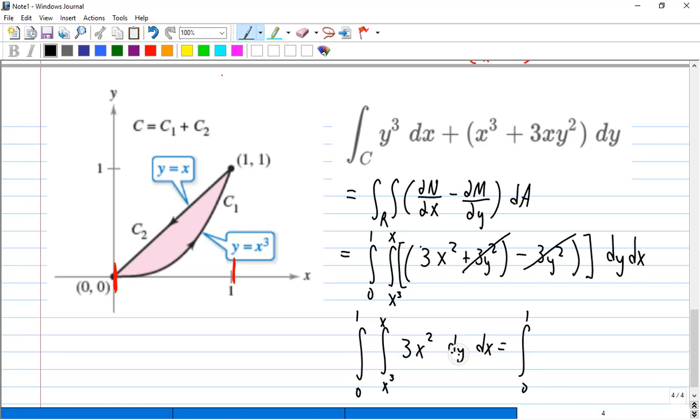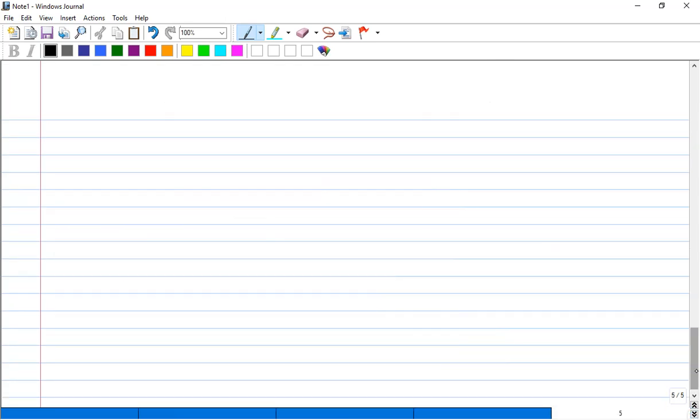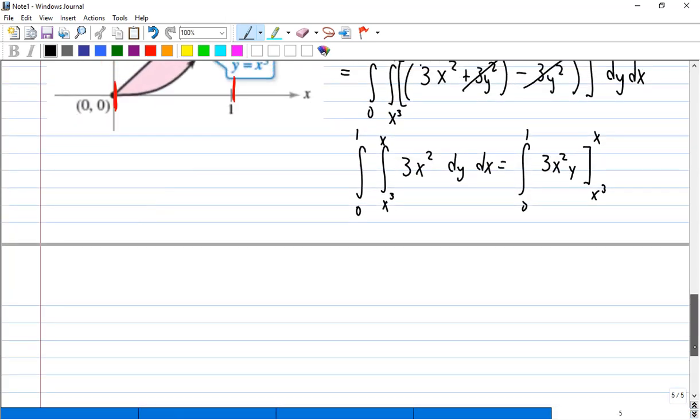You have to integrate with respect to y. So it's going to be 3x squared y evaluated from x cubed to x. Got to make sure we look at the order of integration. Remember you plug these in for the variable that you integrated with respect to.